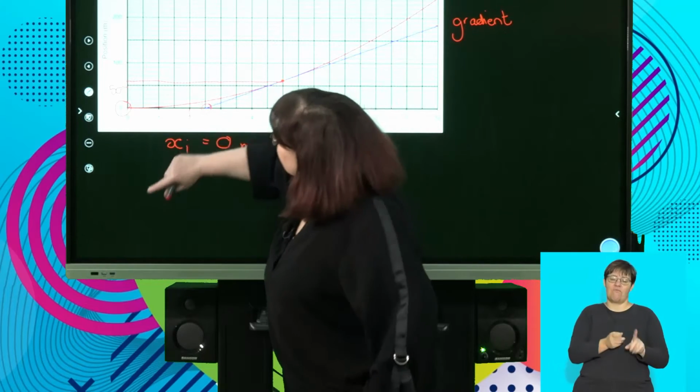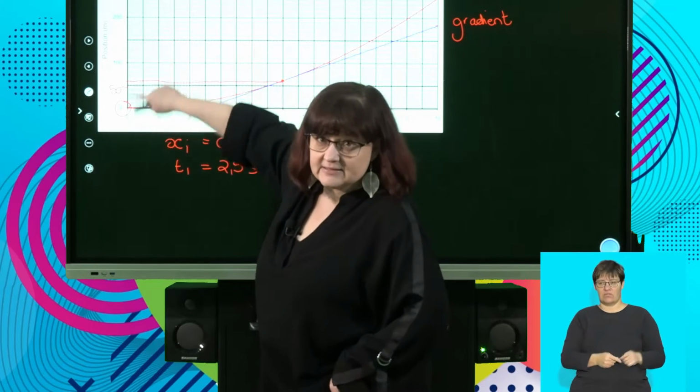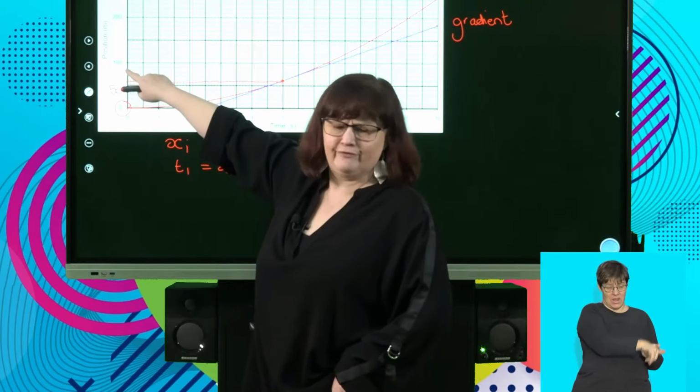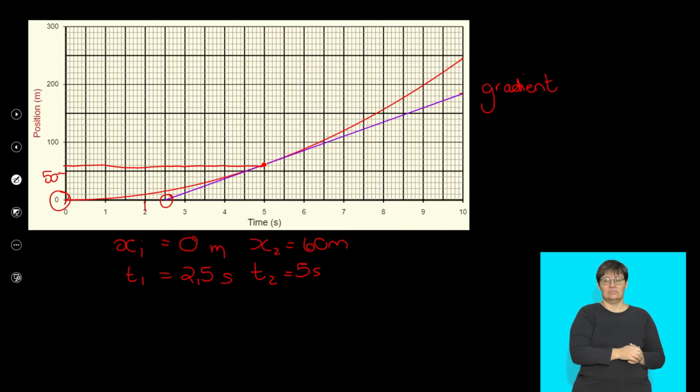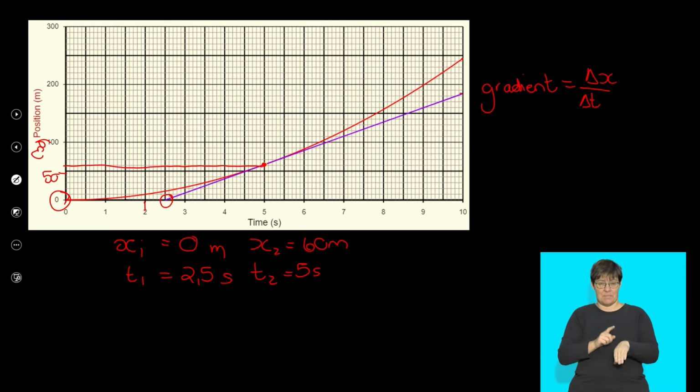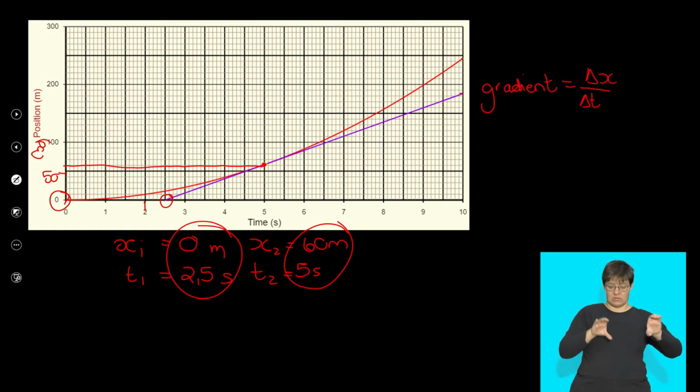When we look at the y-axis here, this is position. The symbol for position we're using is x. So my gradient is the change in x over the change in time, because my x-axis is now time. We need to keep those two together and those two together.